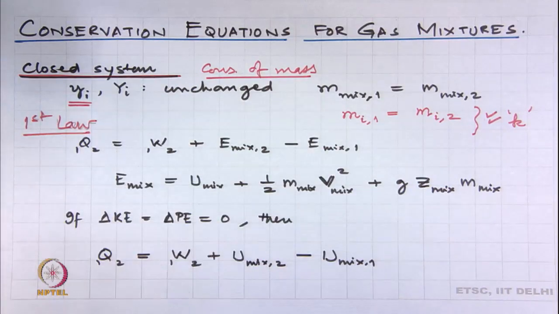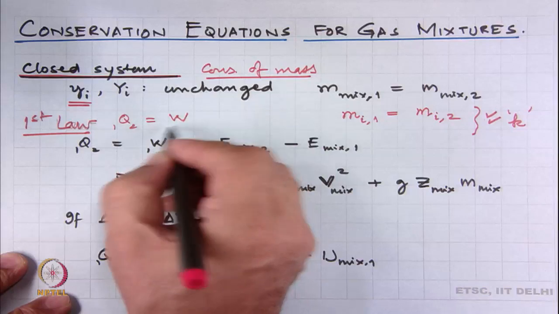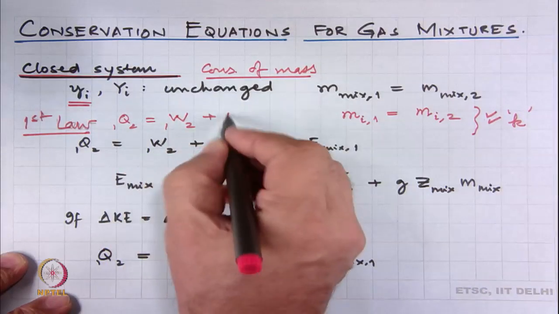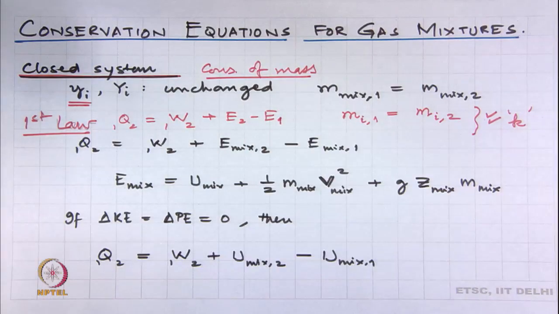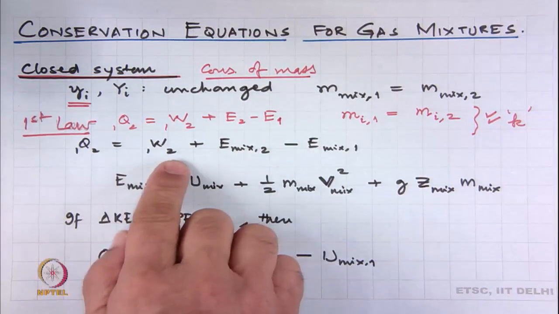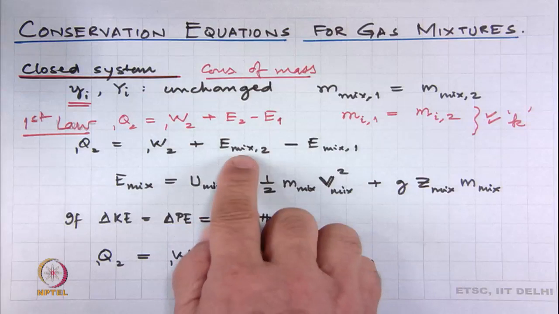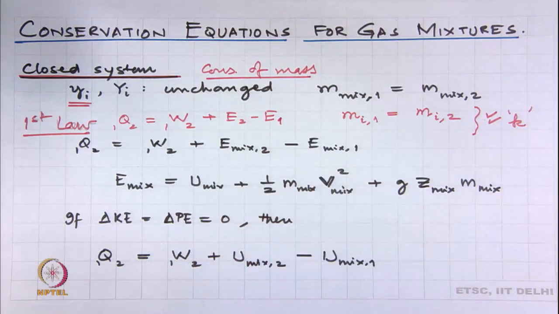Let us now look at the first law. What we had written for a pure substance was Q12 equals W12 plus E2 minus E1. This is the most general form of the first law, and it did not differentiate whether the working substance was pure or a mixture. Now, for a mixture, we modify this and say that Q12 is W12 plus E2, which we qualify as the energy of the mixture in state 2, minus the energy of the mixture in state 1.